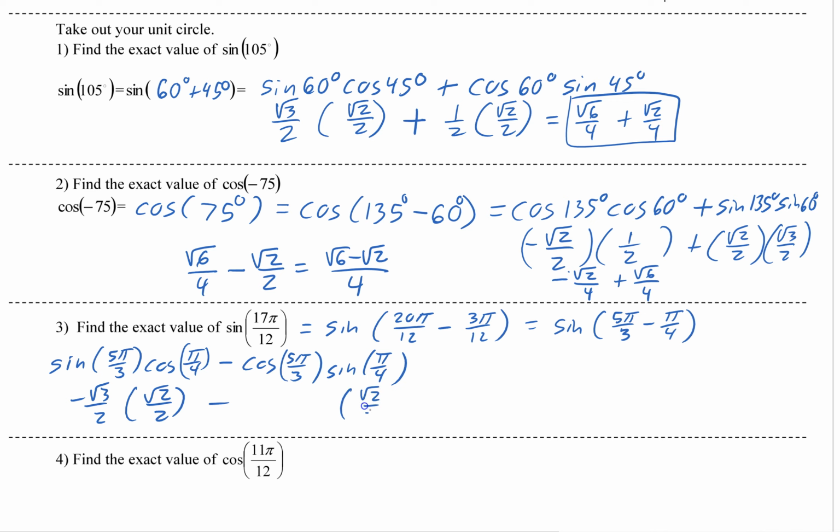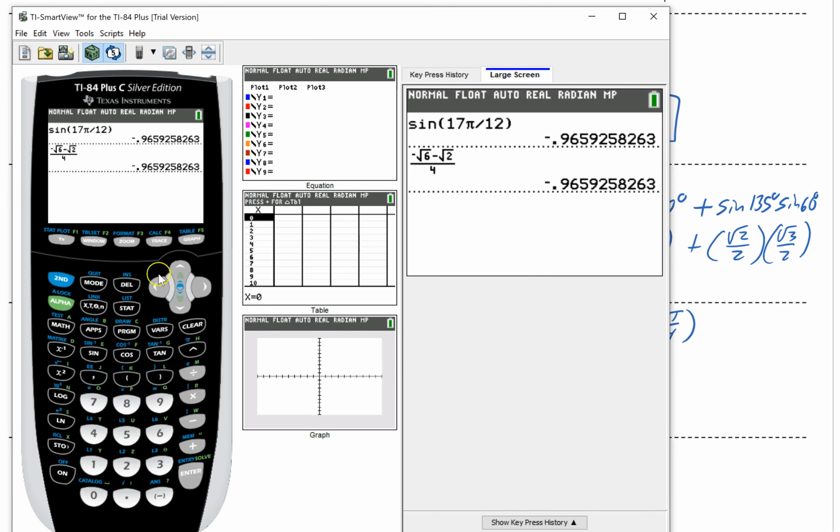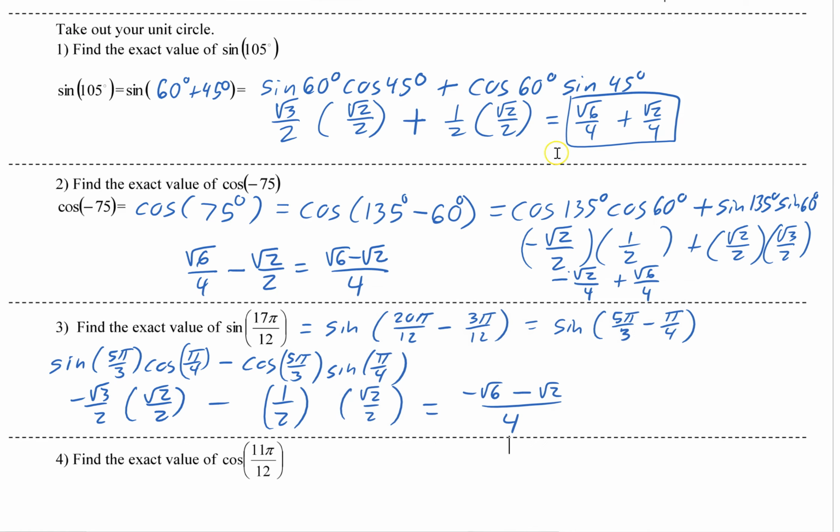Just put those in. And then cosine's a half. So simplifying this, we get negative radical 6 minus radical 2 all over 4. And we check it with the calculator. Sine 17 pi over 12 is exactly the same as the negative rad 6 minus 2 over 4.